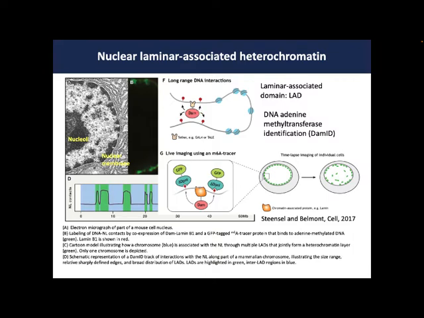So if we fuse certain proteins such as lamin, the nuclear membrane lamin protein, together with the Dam enzyme, then this Dam enzyme transfers the methylation onto the adenine nucleotide around the DNA sequence.